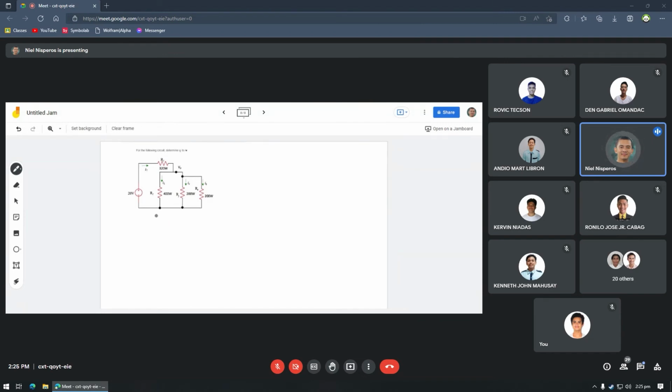So first, we need to resolve the R total. But we cannot go directly with either the formula for parallel or the formula for series, a combination man. So we need to resolve R2, R3, and R4 first.